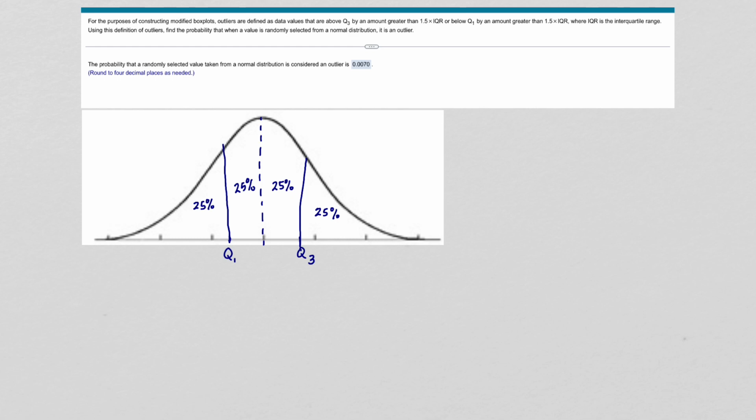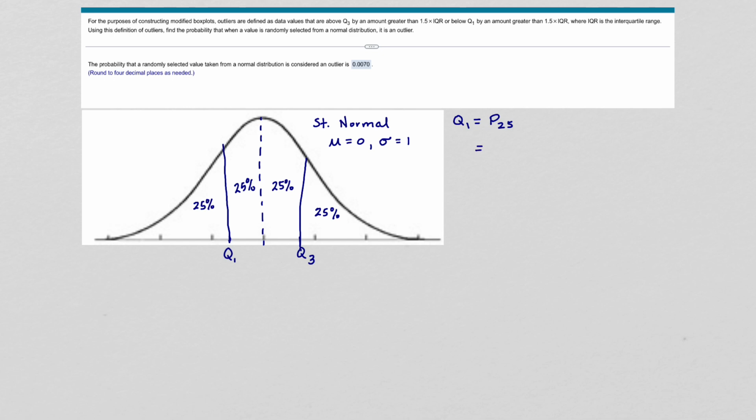So how do we calculate the values of Q1 and Q3 first of all? That's what we want to start with. We're going to work with the standard normal distribution because they didn't give us a mean and standard deviation. So we're going to say that the mean is 0 and the standard deviation is 1. To calculate Q1, I know that that's equal to the 25th percentile.